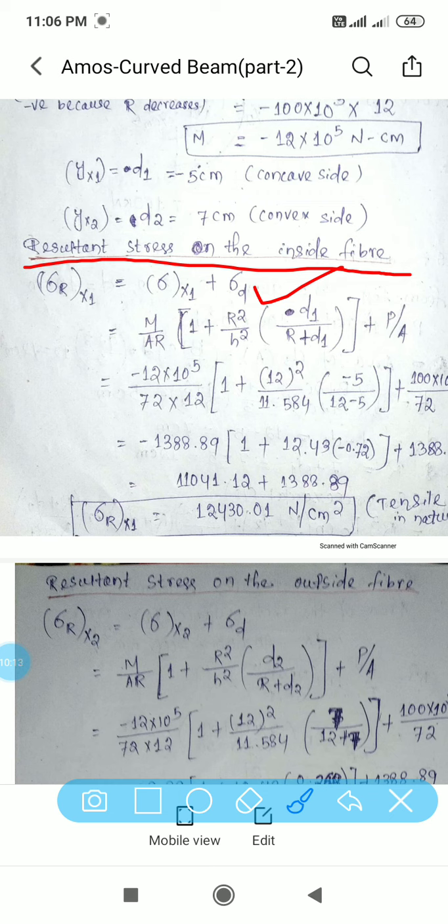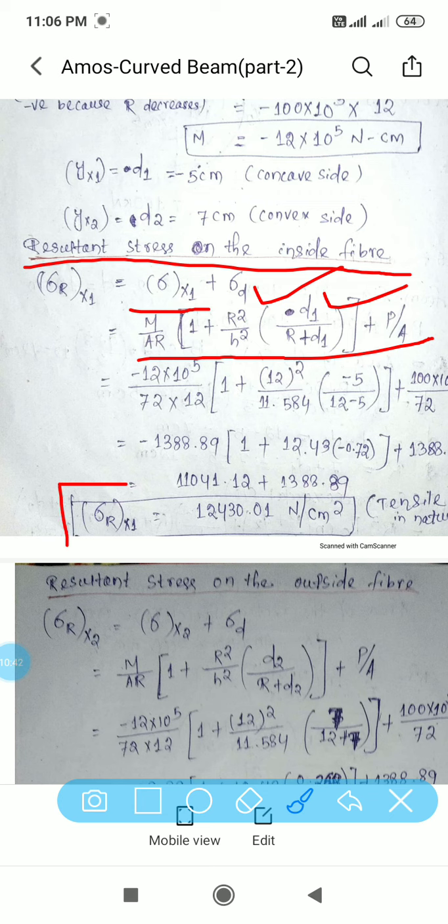Sigma of inner fiber is equal to M divided by A R into 1 plus R square into D1 divided by (R plus D1), plus P by A. Here D1 is minus 5.